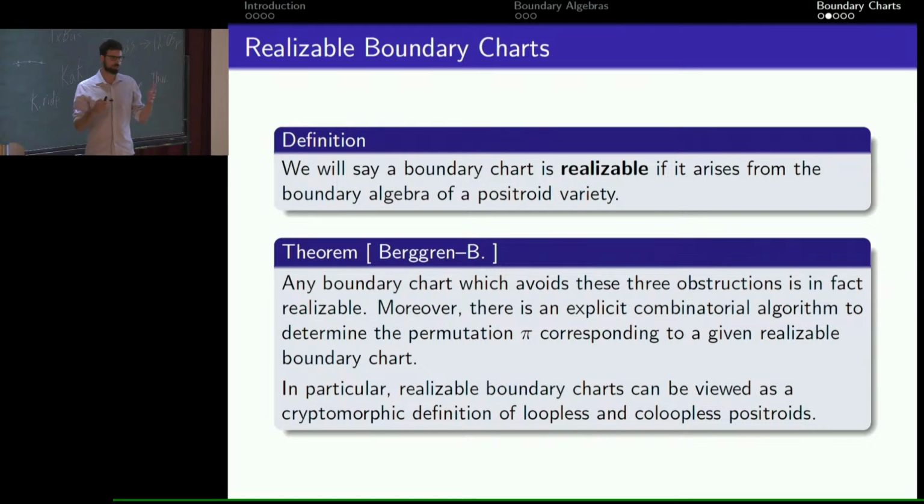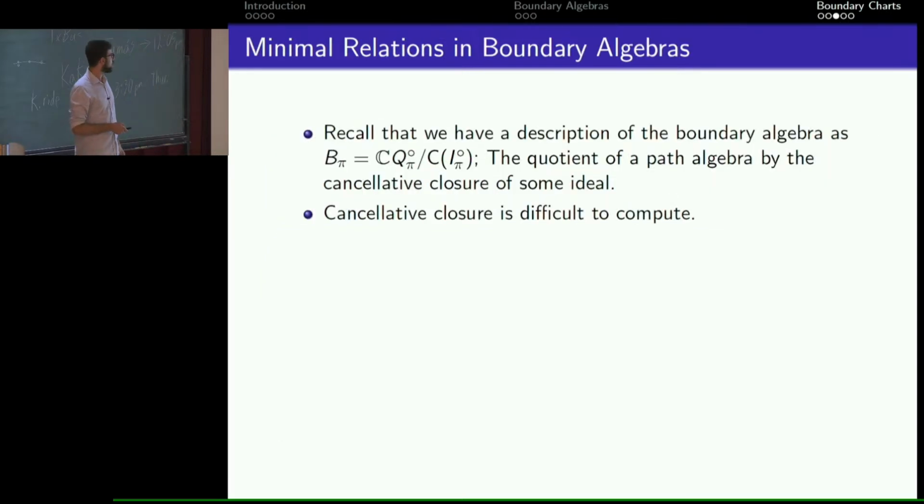It's a combinatorial construction of a directed graph with some simple combinatorial axioms that allows us to recover positroids and all the relevant information of positroids. So the tricky thing here is to show that these are really in bijection with positroids. You don't get the same realizable boundary chart, and you can recover all the data of the positroid from the boundary chart. So yeah, I've got a few more minutes.